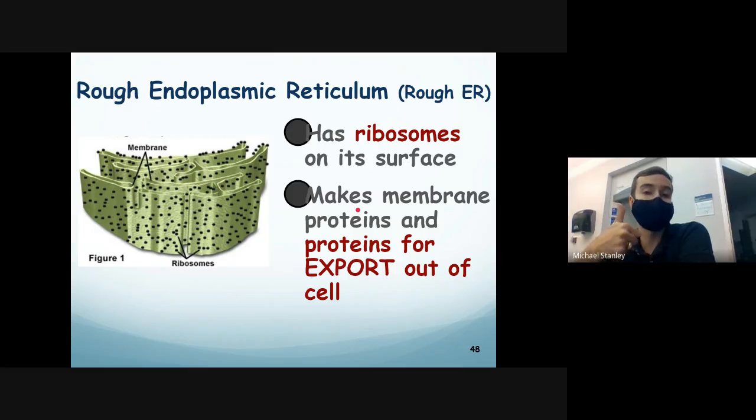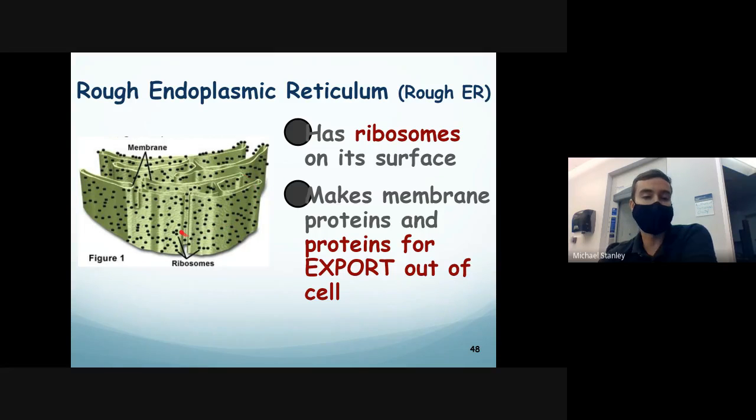So we talked about there's some proteins that like to hang around in the membrane, or that are actually going outside of the cell to go do stuff in the bloodstream or in other cells somewhere else. So directly after the protein is made by the ribosome, it can be shipped off by our rough ER.